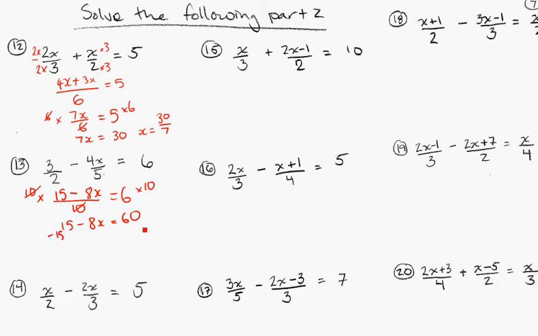Lots of different ways we could do it. Let's minus the 15. 60 minus 15 is 45. Dividing both sides by negative 8. Nothing nicer there, negative 45 divided by 8.